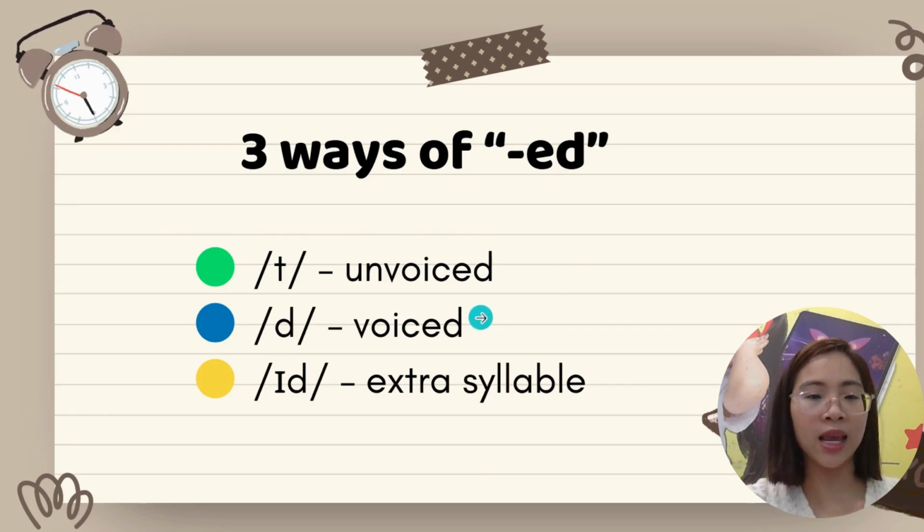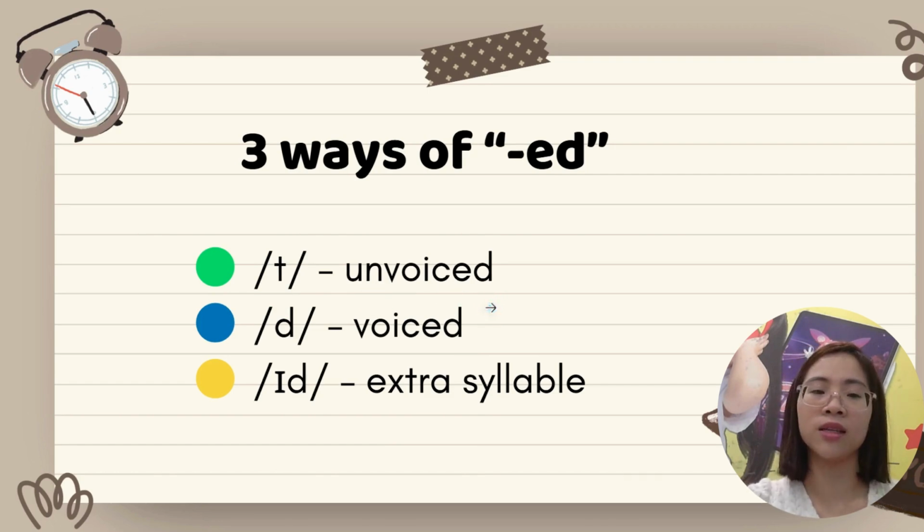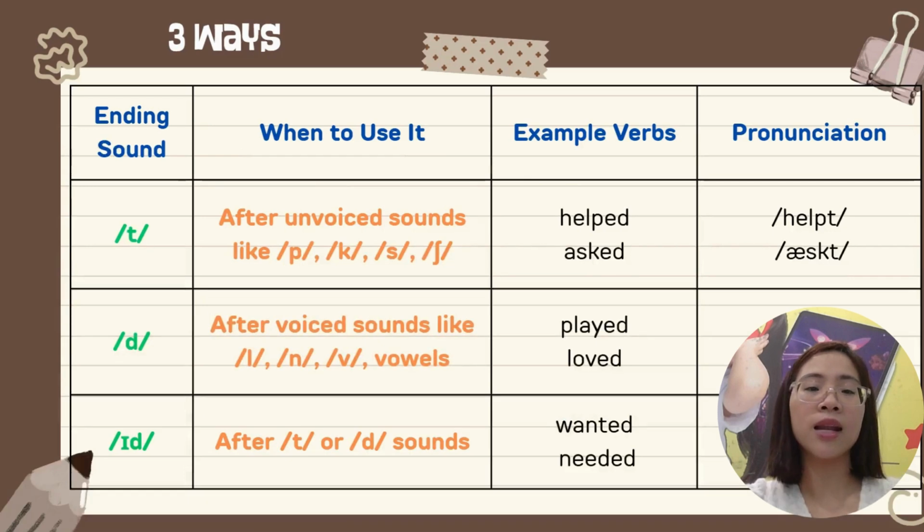So let's look at here. The first way is t for unvoiced consonants, d for voiced consonants, and ed for an extra syllable.